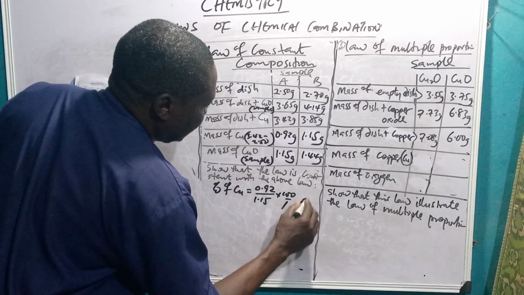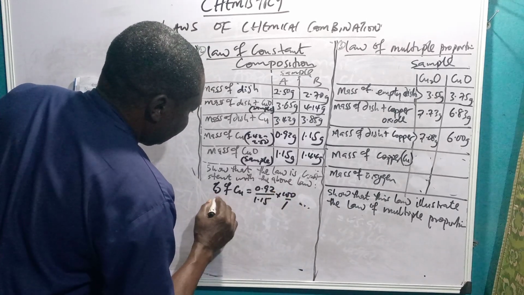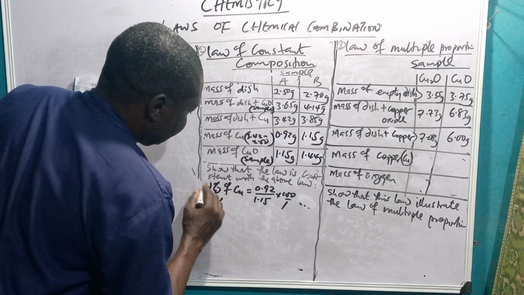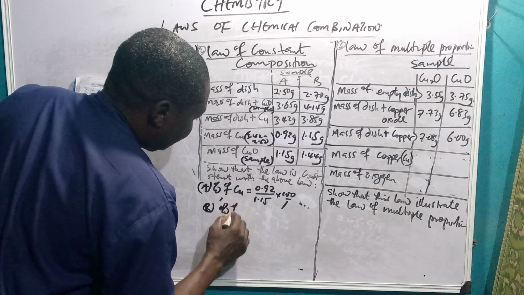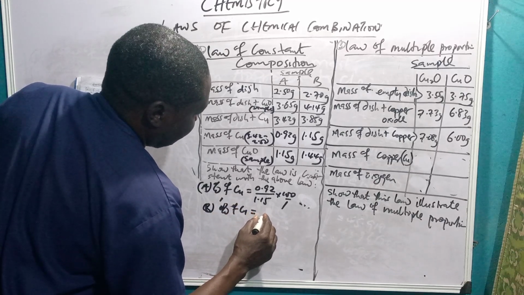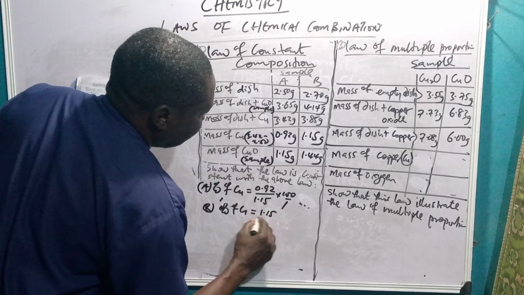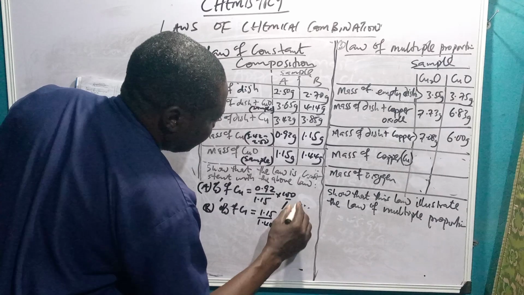This is for sample A. Then for sample B, the percentage of copper will be 1.15 over 1.44 times 100 over 1.